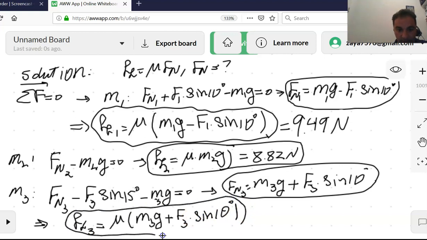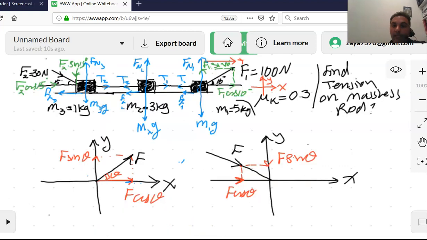Look, I want you to compare friction force 1 with friction force 3. In friction force 1, you have mg minus that F sine 10. In the third one, you have mg plus. So guys, for part 1, when you pull the object up, you actually decrease friction force.